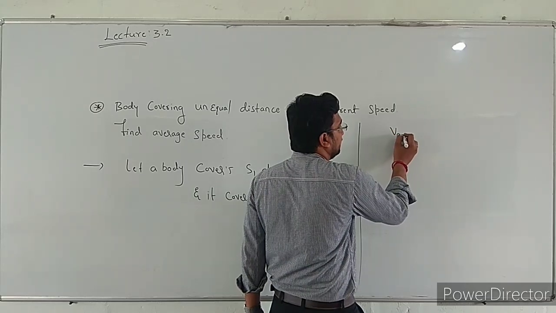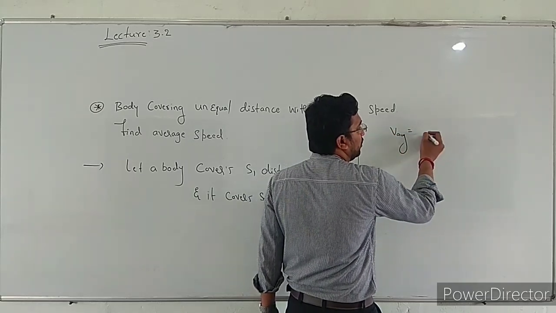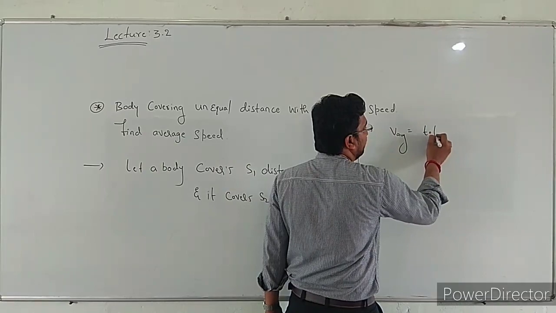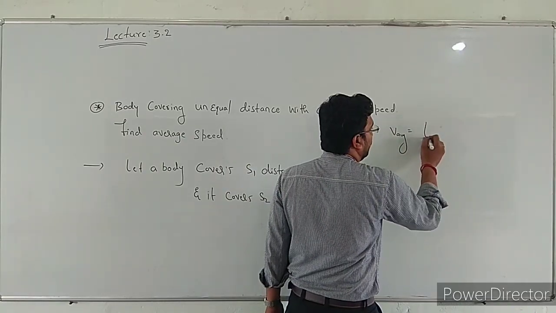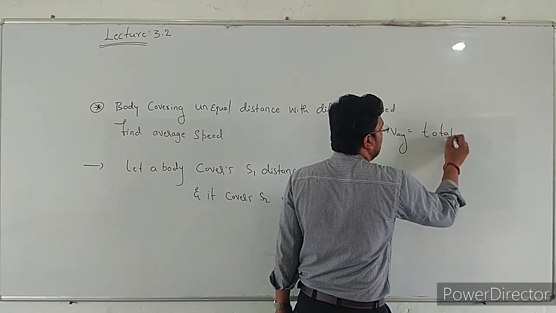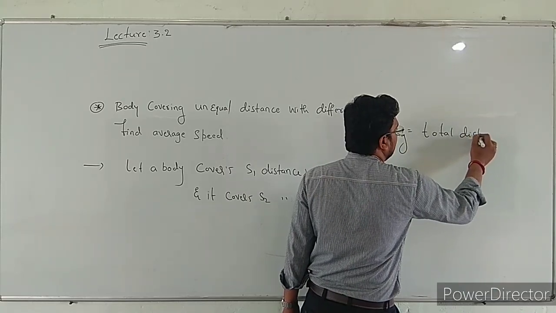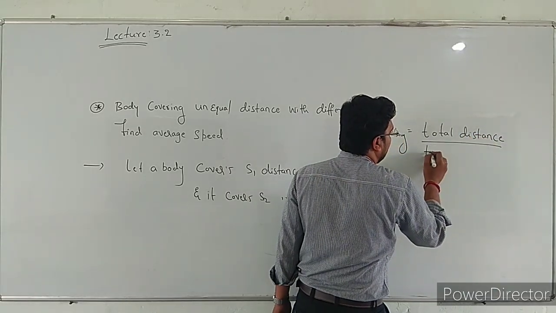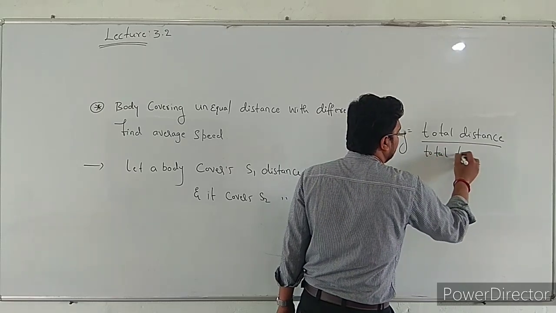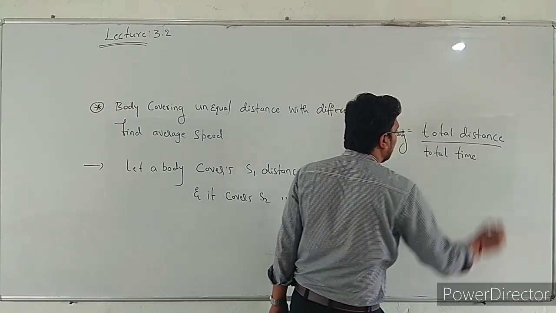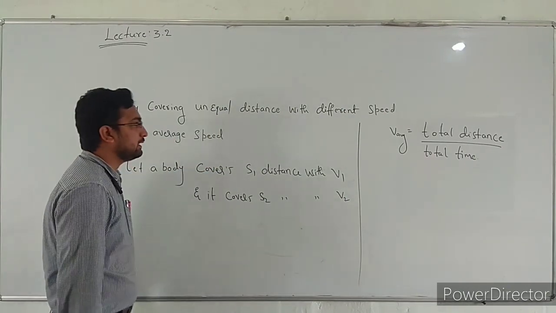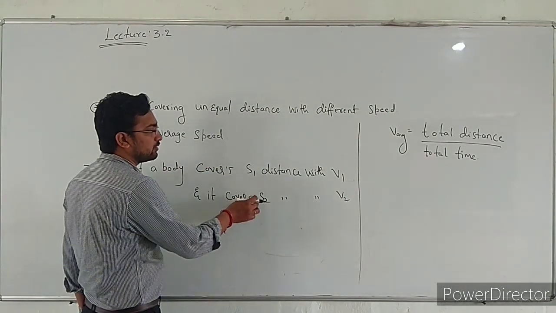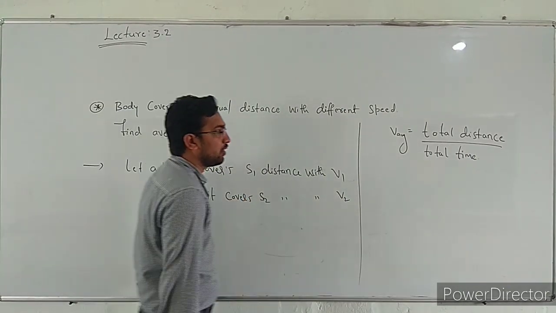Average speed is equal to total distance by total time. But in this case, S1 and S2 distances are given, but the time values are not given.